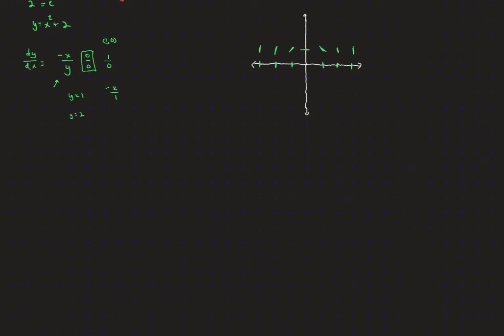So let's look at what happens when y is 2. Again, when x is 0, we're going to get 0. In fact, all along the y-axis, except at the origin, we're going to get 0. When x is positive 1 and y is 2, we're going to get a negative 1/2, which is a little flatter.